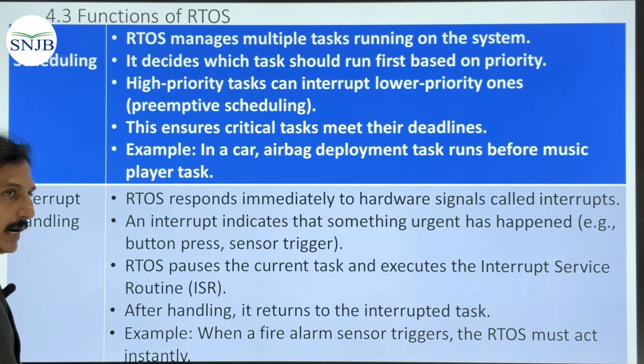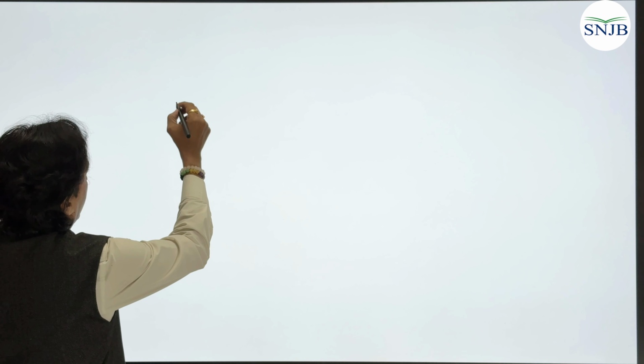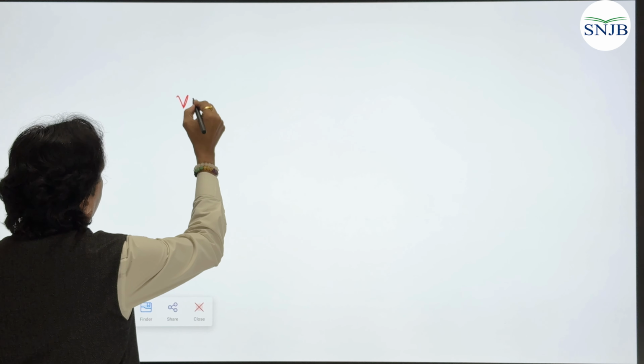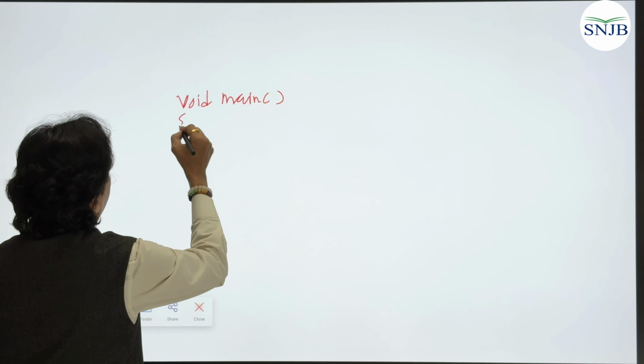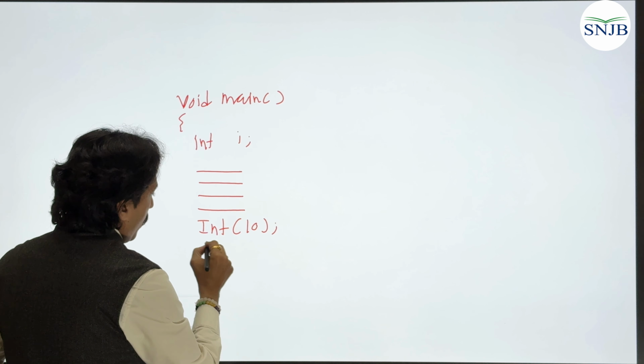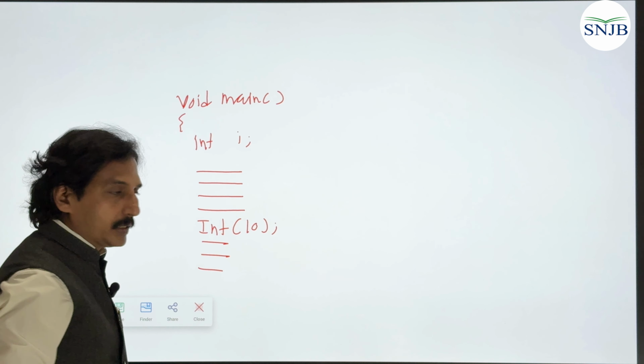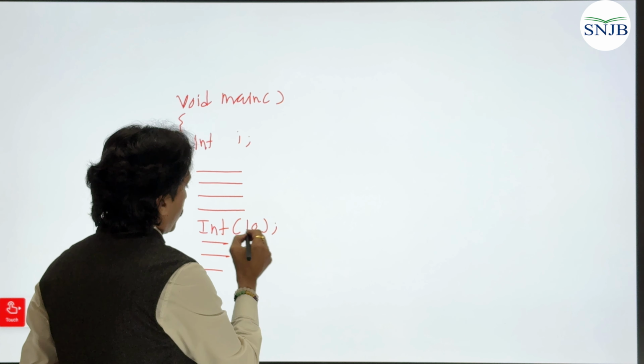Now as far as interrupt handling is concerned, how does it work? For example, here we have one function, void main. Here we declare the variable integer i, and here we write our routine program, and if interrupt number 10 is asserted, what does our program counter do when it receives the interrupt signal?